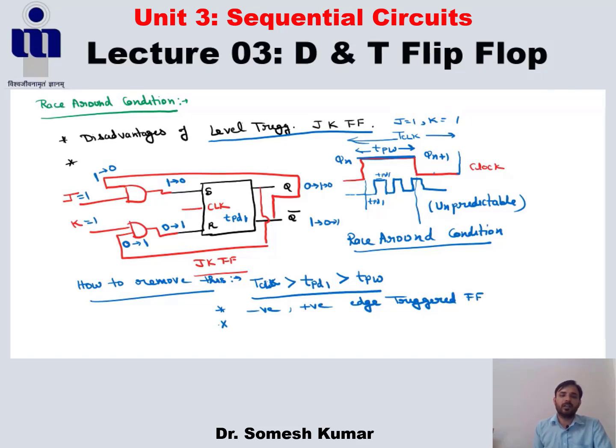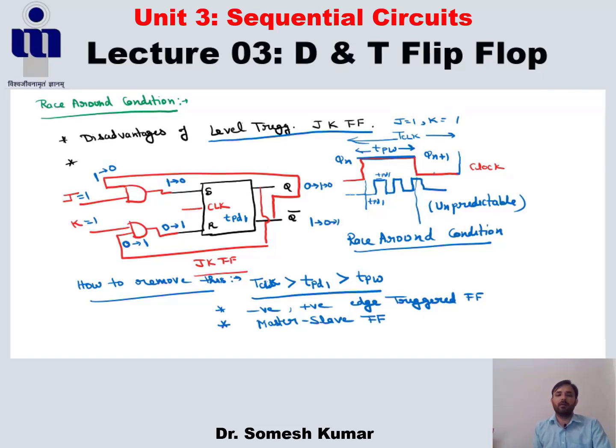So the third remedy of this race around condition is the master-slave flip-flop. This is the alternative of JK flip-flops in which the race around condition is removed, and that is called the master-slave flip-flop. Fine.